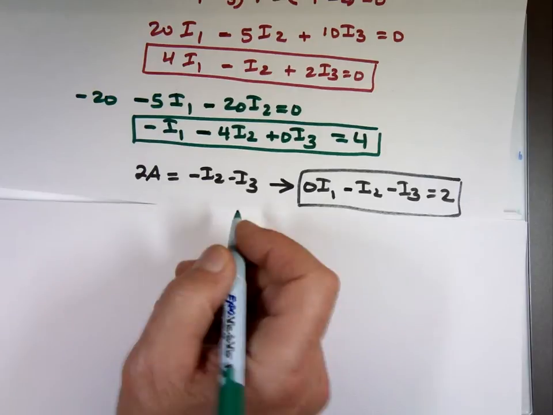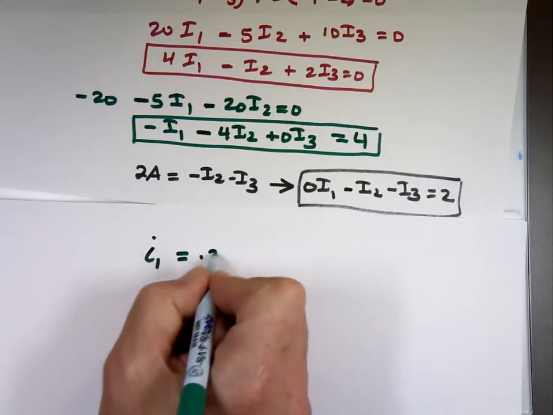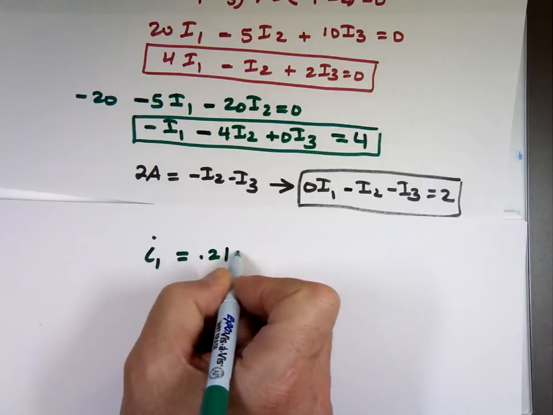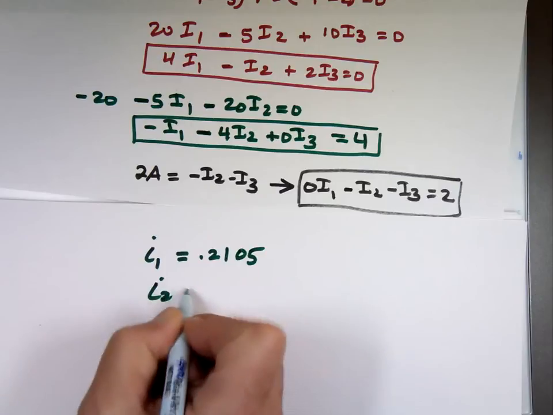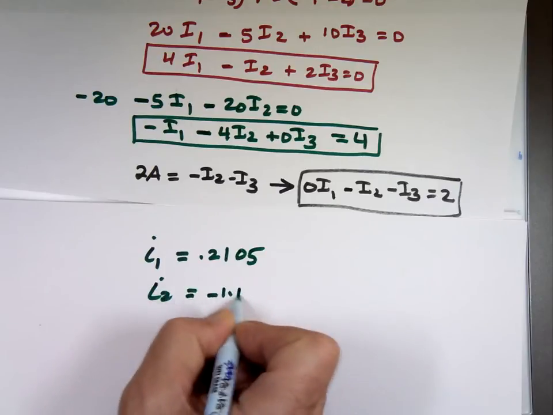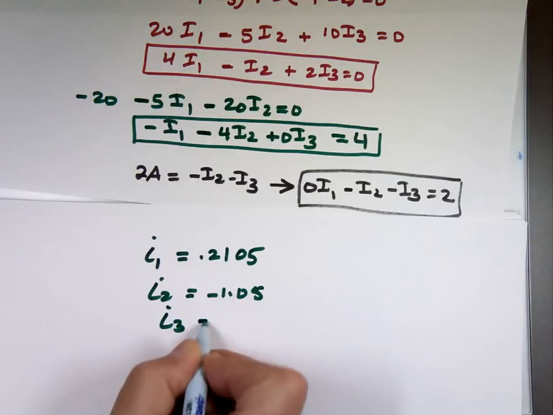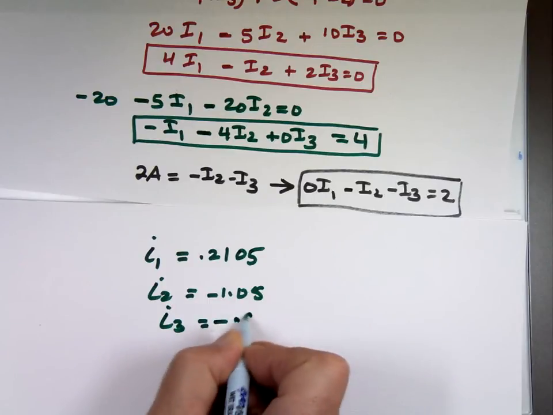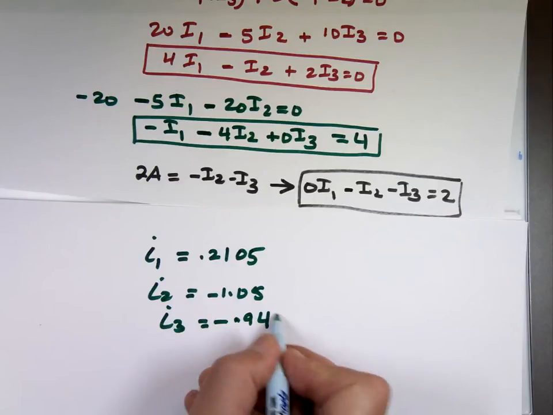So on my calculator, I get the answer to I sub 1 to be 0.2105, I sub 2 to be negative 1.05, and I sub 3 equals negative 0.947.